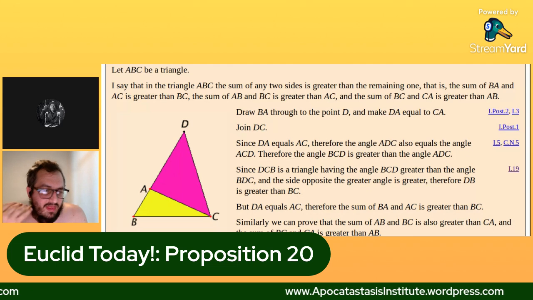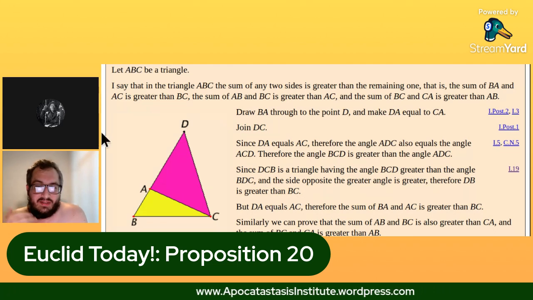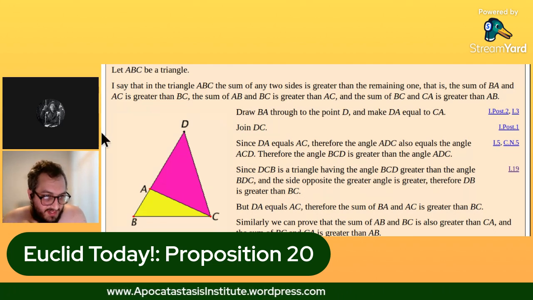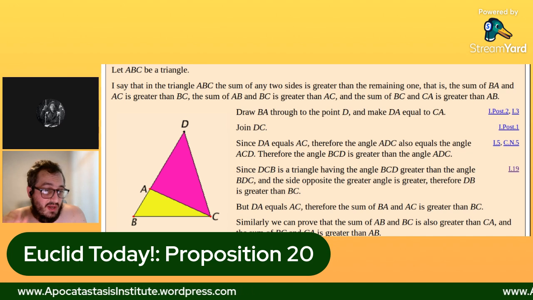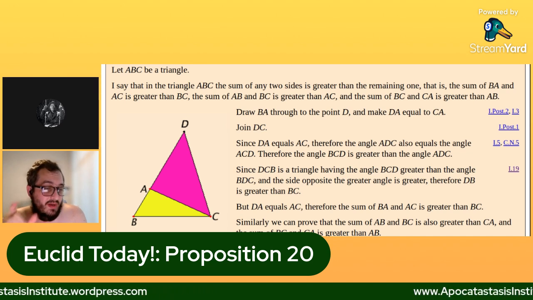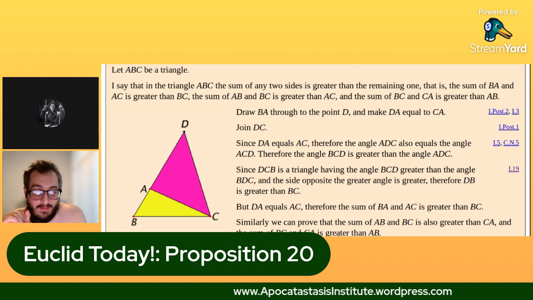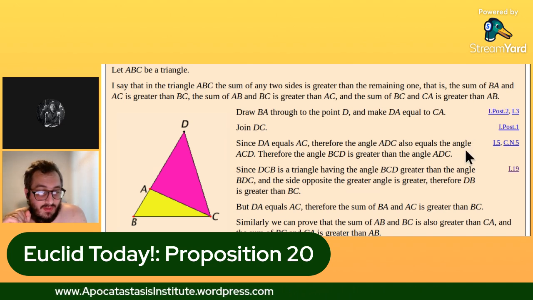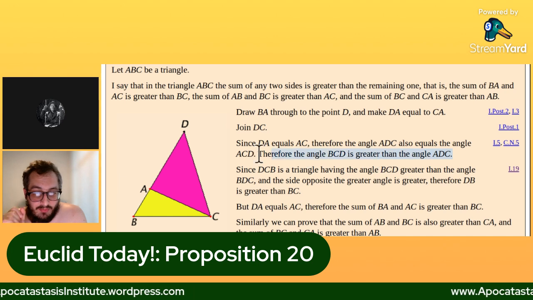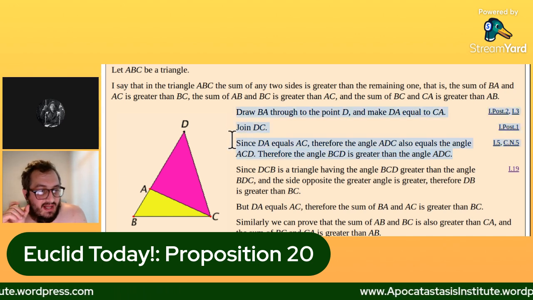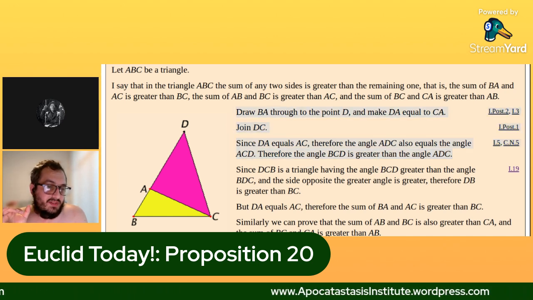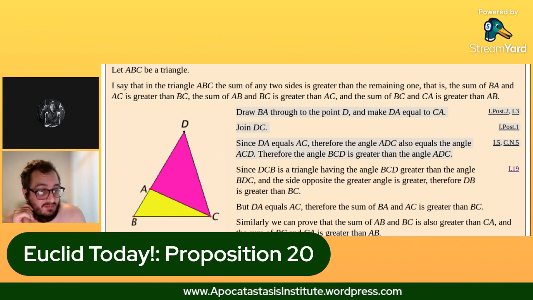So with that, because BCD is greater than ACD, BD must be greater than AD. Okay? Hopefully that's clear. And therefore, it's greater than BC as well.